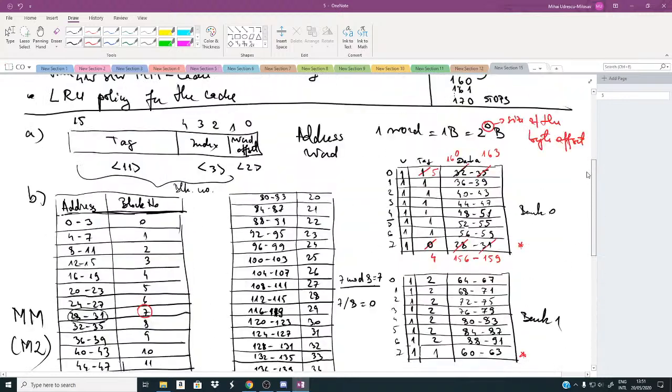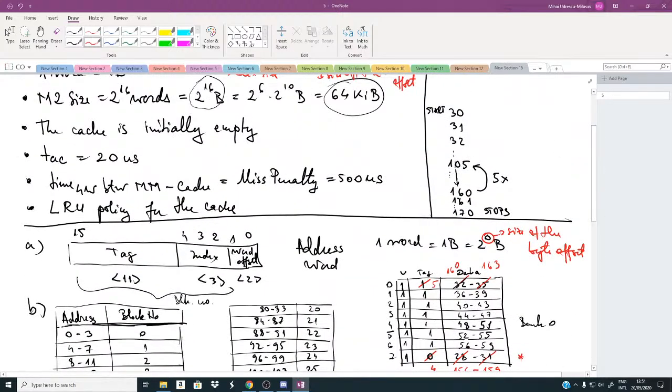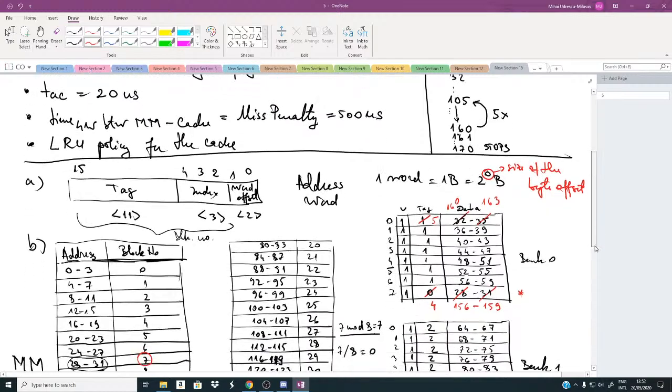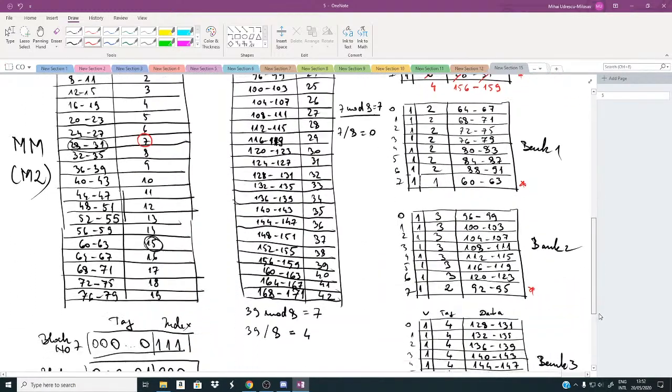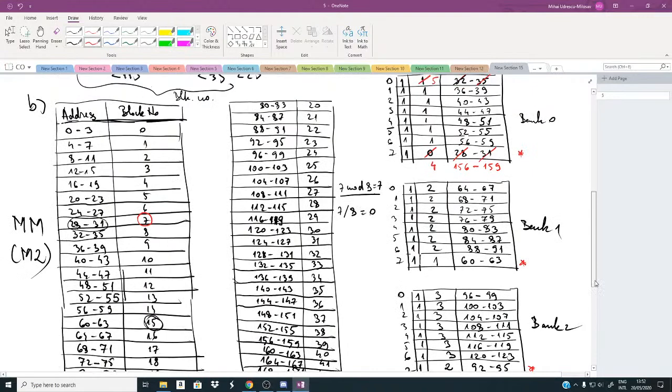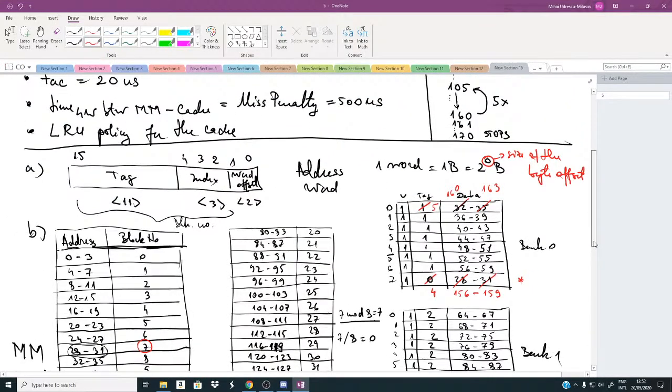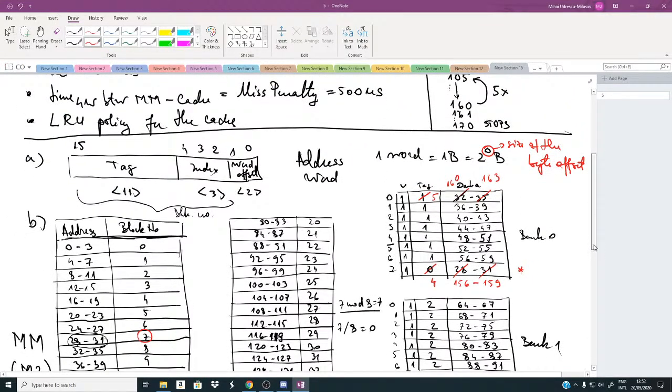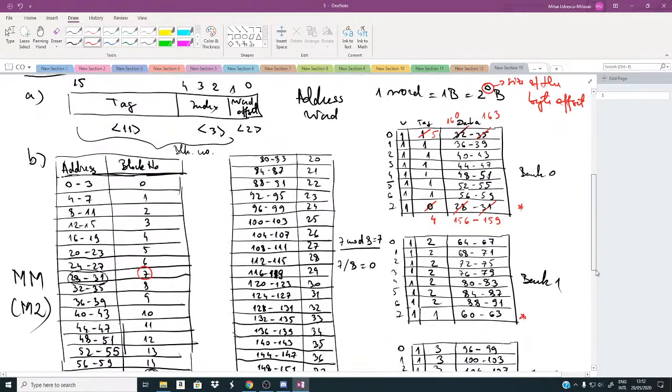If we are looking at this program, then it jumps to 105 and executes 105 through 160 5 times. Now, if you look closely, the words from addresses 105 through 160 are all within the cache.